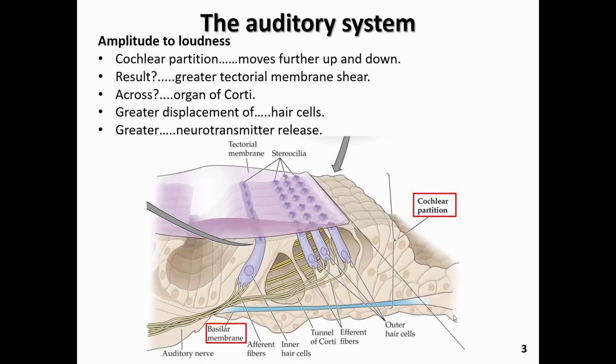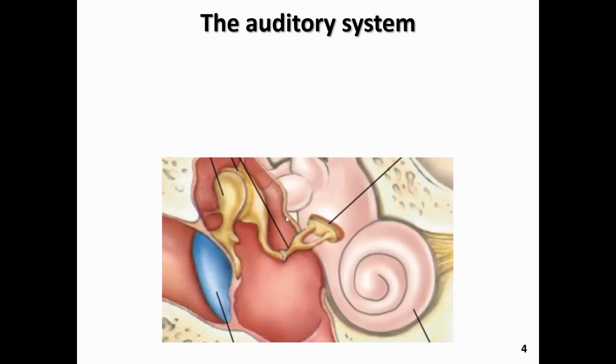As those pressure waves are transmitted through the basilar membrane and towards the cochlear partition, that will force an upward and downward displacement proportional to the magnitude as well as the frequency. We're just looking at magnitude here of those pressure waves that will cause the shear of the tectorial membrane back and forth.